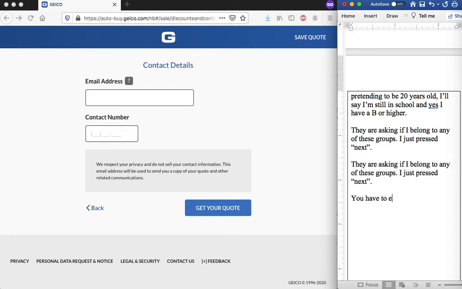You have to enter an email address, and they will send you the estimate for the insurance to your email address.